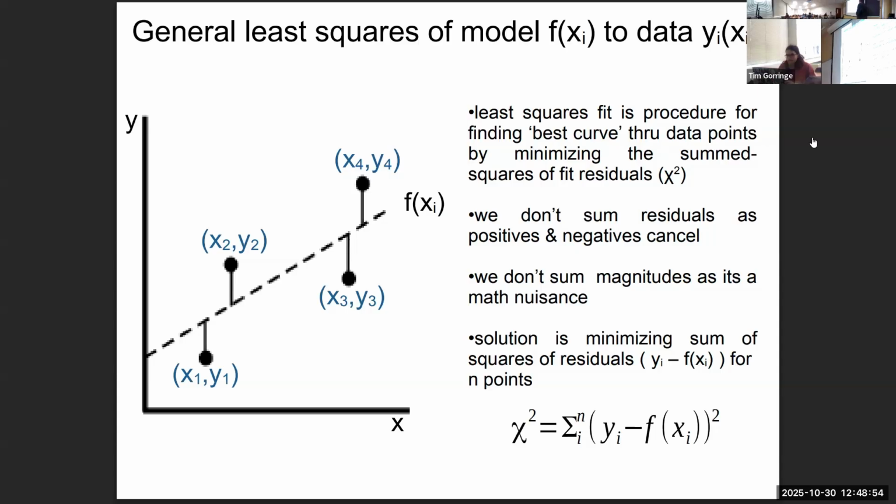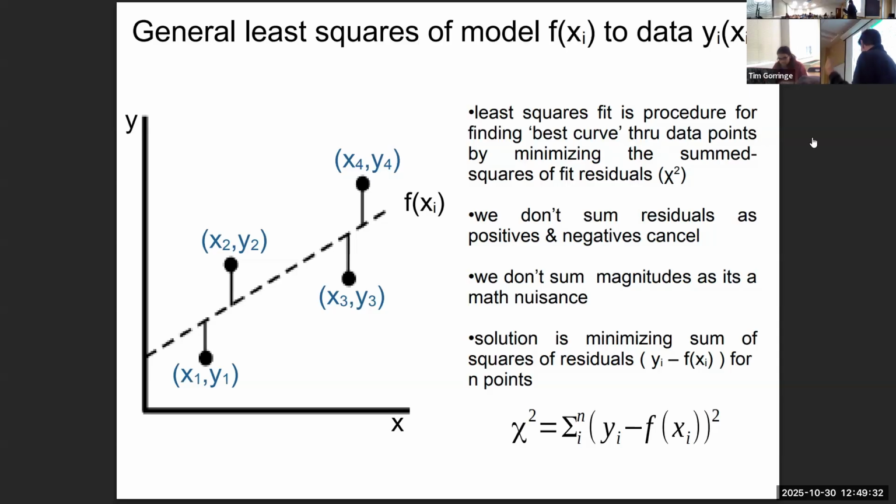So this slide is to introduce the idea of a least squares fit to a set of data. I'm imagining in this slide that we've collected some data that are XY points, independent variable, dependent variable points that we have measured. So this might be these distances and velocities of galaxies, or brightness and redshifts of galaxies. Those are a set of XY points.